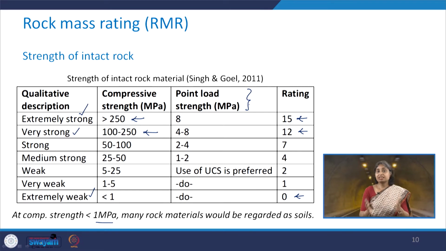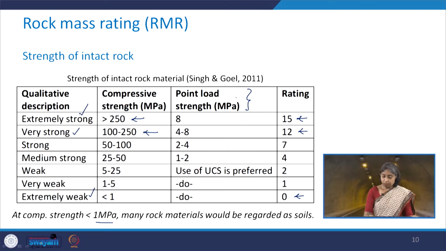In case you are not able to conduct the UCS test, then maybe you can conduct the point load strength index test, and on the basis of their value also you can decide upon the rating with reference to the strength of the intact rock. However, for the weak, very weak and extremely weak category, the use of UCS is preferred and we cannot rely on the point load strength in order to decide the rating for the strength of the intact rock.